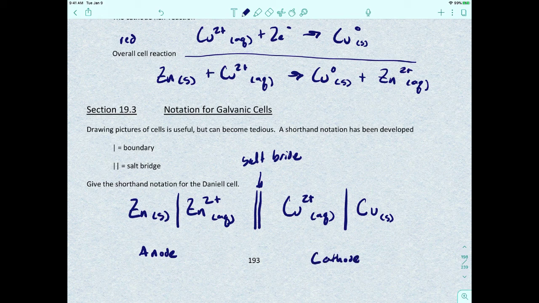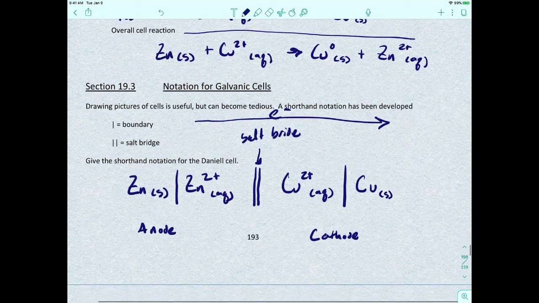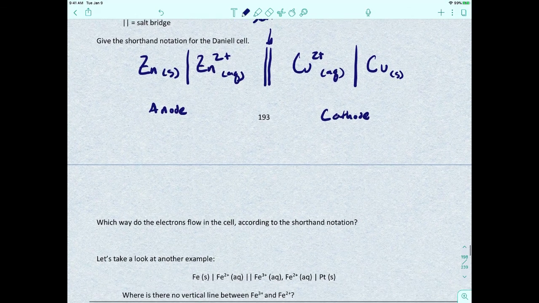So we make sure that the electrons are flowing from left to right. And so that's how we write this. So zinc has to go to zinc 2 plus to give up the electrons. Copper 2 plus takes in those electrons to become copper solid. Okay. So which way do the electrons flow in the cell? According to this notation, it's flowing from left to right.